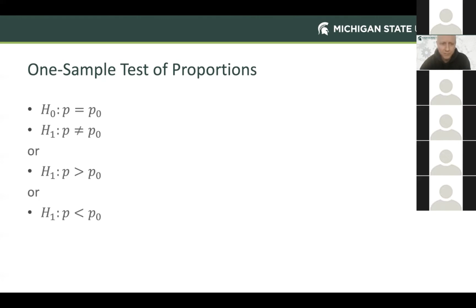And then we'd have the three different alternative hypotheses, either that there's a difference between our sample proportion and that reference value of interest, or we may have prior knowledge that would suggest that there would be a difference of interest in one direction or another.